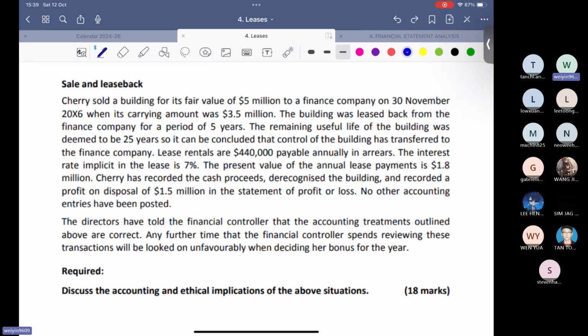Just to make sure that you know about step 1 to step 4 for the calculation. So please calculate this sales and leaseback transaction on the initial recognition. How long do you need? I think 15 minutes.